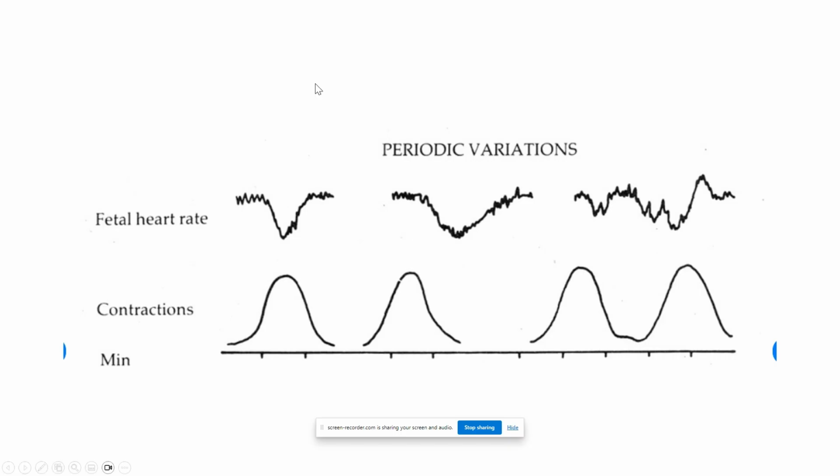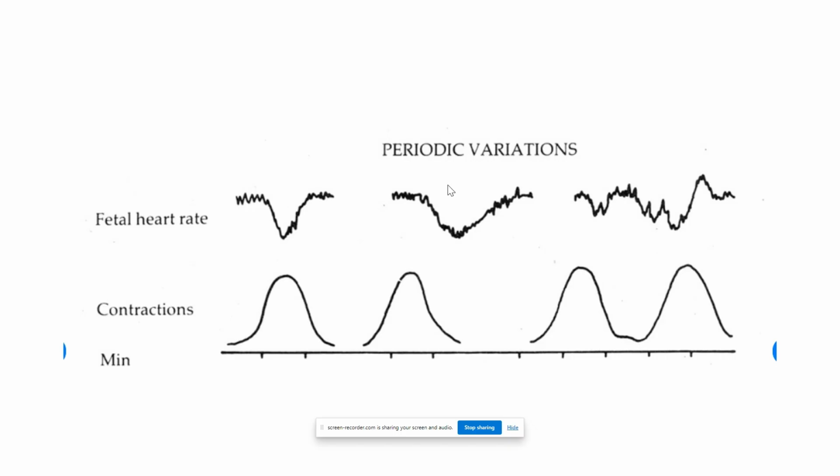So let's say I see this late deceleration. I am running into the room and putting mom to her side, possibly the left side, which is what we want. Then we're going to give her oxygen, and then we're going to give her a bolus of fluids. You have to do those steps first before you call the doctor.